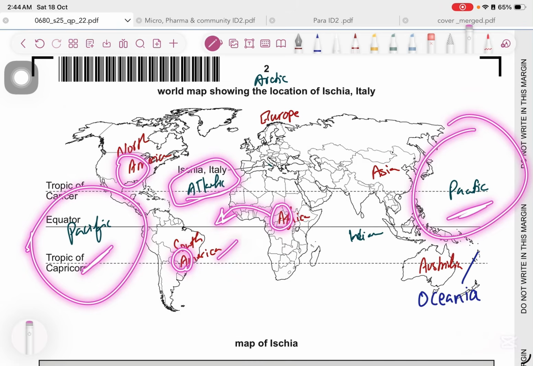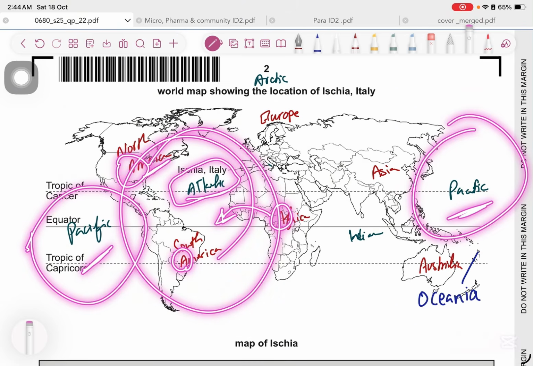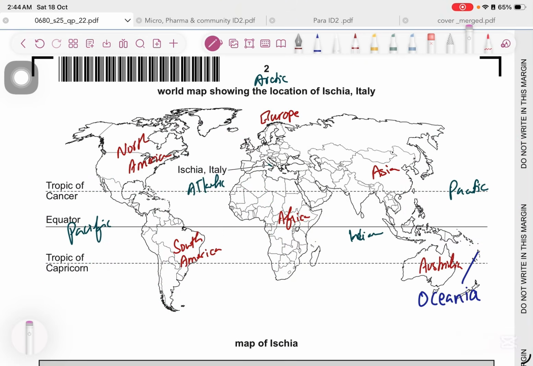That's A for America, and A for America, and A for Africa. That's Atlantic. And then right here, it's gonna be Indian under Asia, okay? Remember, like, the Asians, they got India in them. And right below Asia is Indian.